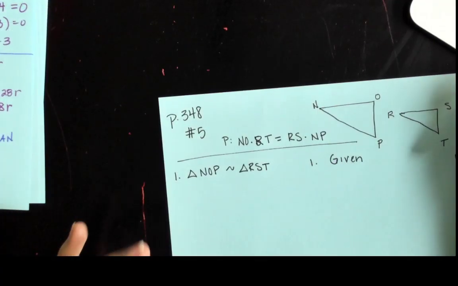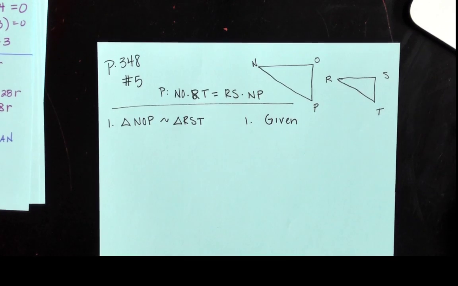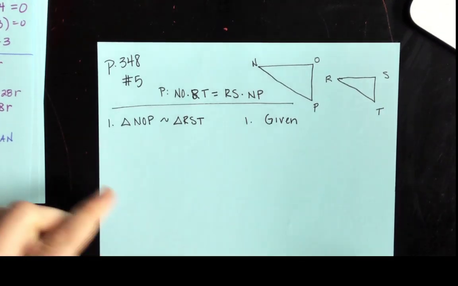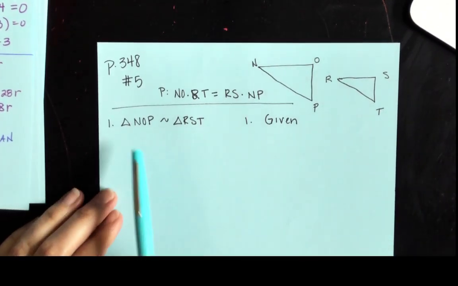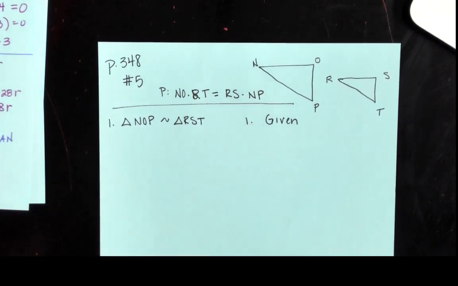So let's go back to our hover cam, and that's what we were asked about in number 5 on page 348. You're going to find that this question is actually really fast. So let's talk about what we know. We know that in similar triangles, there are 2 requirements.